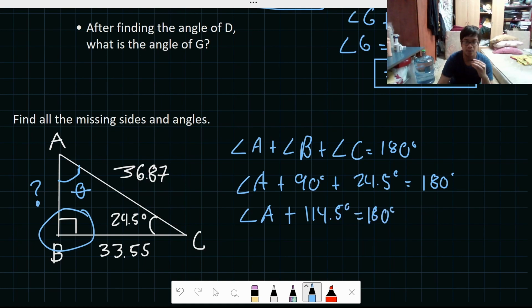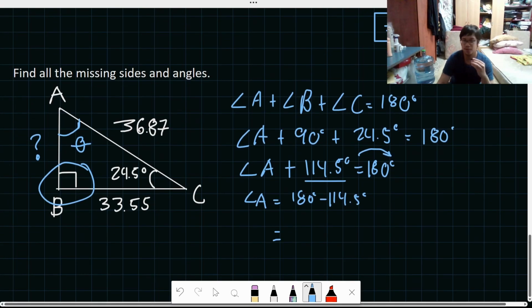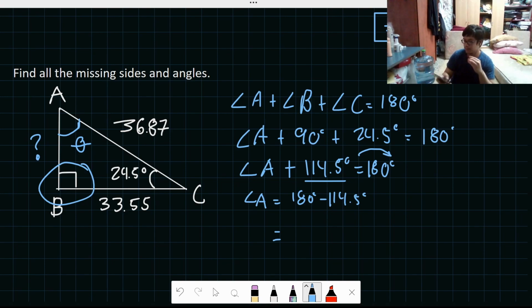Then we will combine this one to the 180. We will have angle A is equal to 180 degrees minus 114.5 degrees. So if we're going to get the exact answer here, this will give you exactly 65.5 degrees. And that's the answer.